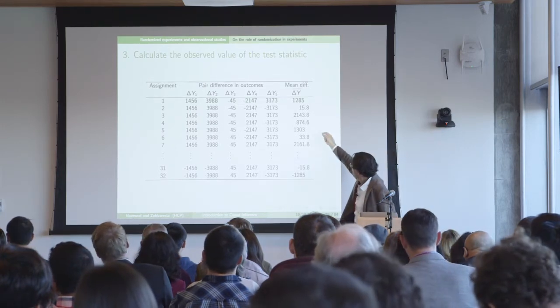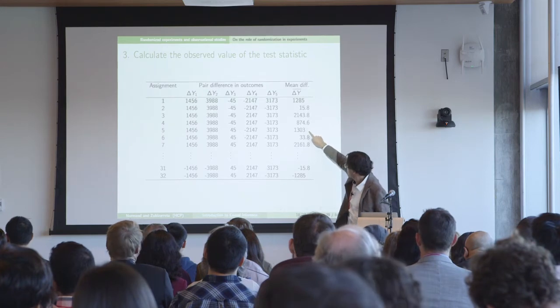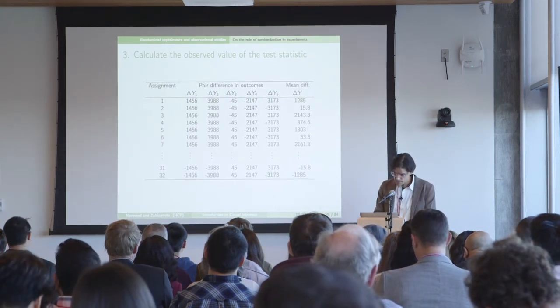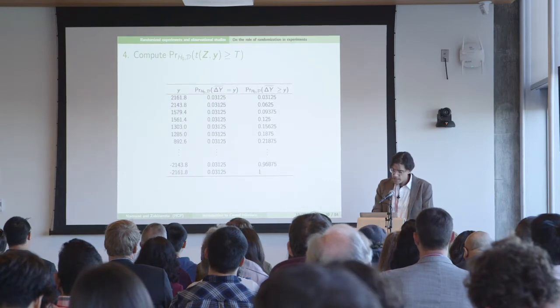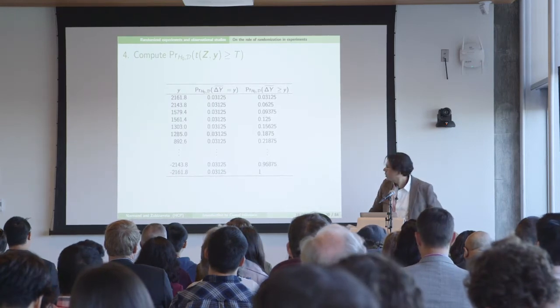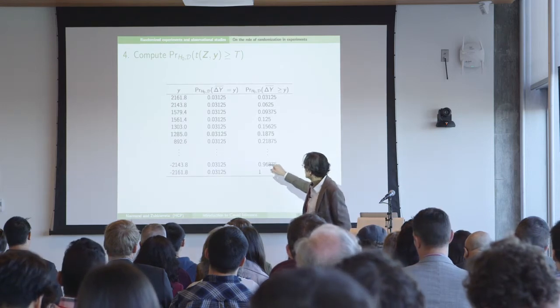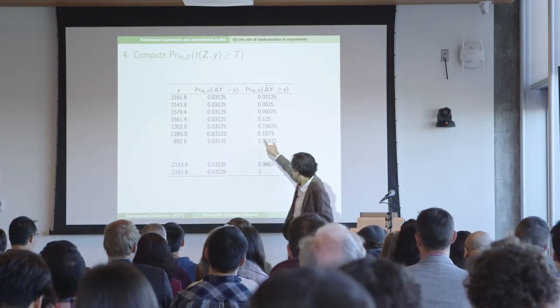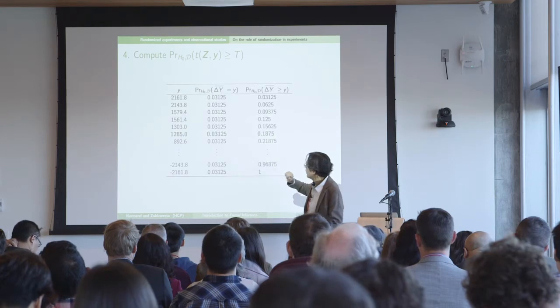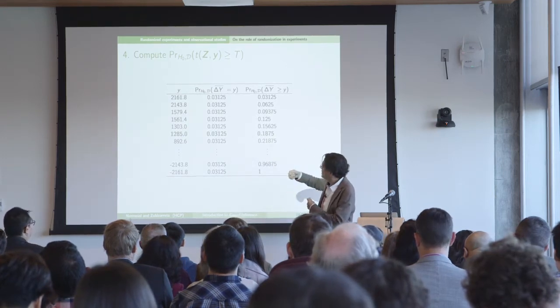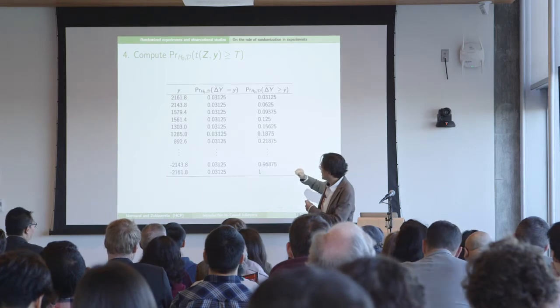So here we can already see that I have a larger one, and another larger one. If we do this, we see the probability of seeing an alternative value of the test statistic that is at least as large as the observed value.